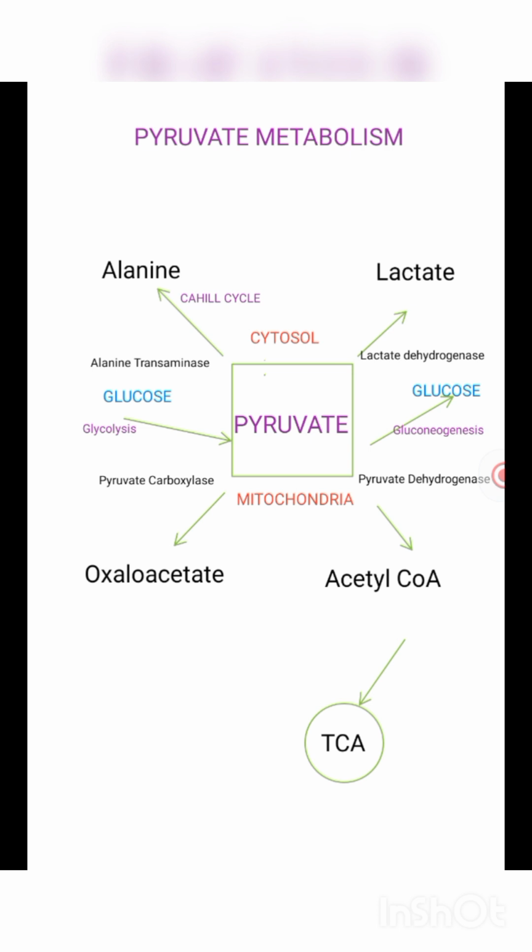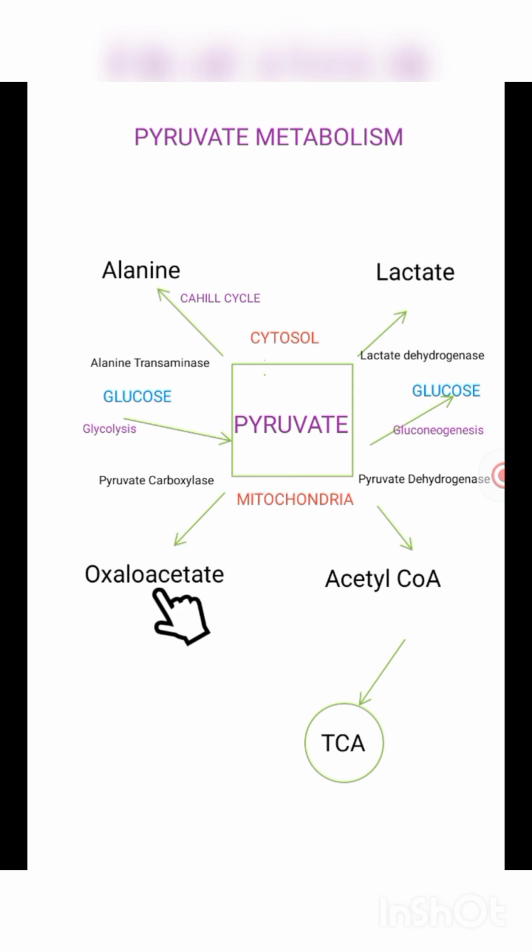So the other thing that you have to know is that this process will happen in the cytosol of the cell. So pyruvate to alanine and pyruvate to lactic acid both take place in the cytosol. So we move down here in the mitochondria. Pyruvate can be converted to oxaloacetate using pyruvate carboxylase, which simply means the addition of carbon to pyruvate to form oxaloacetate.